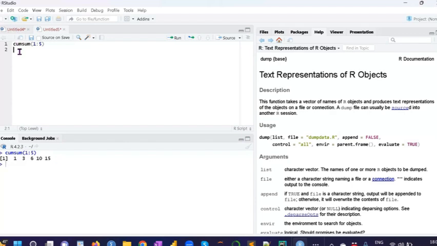So this is cumsum, a function used for a single parameter value. We can also call it a cumulative function, used for calculating numeric values. It returns a value which is vector type and of the same length.